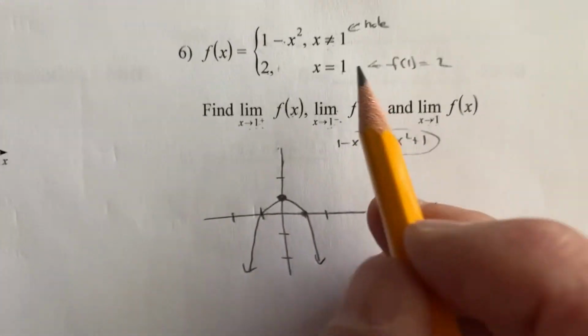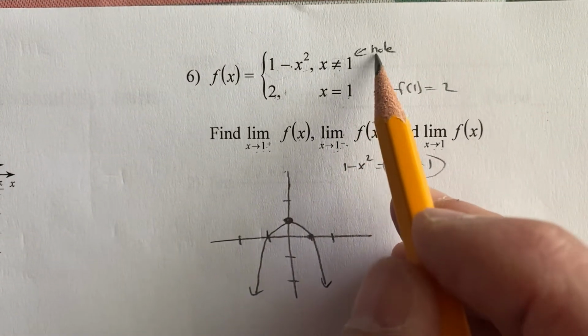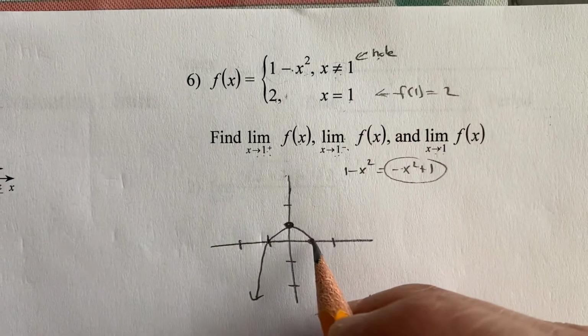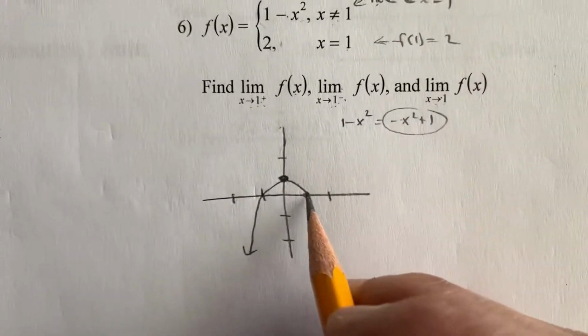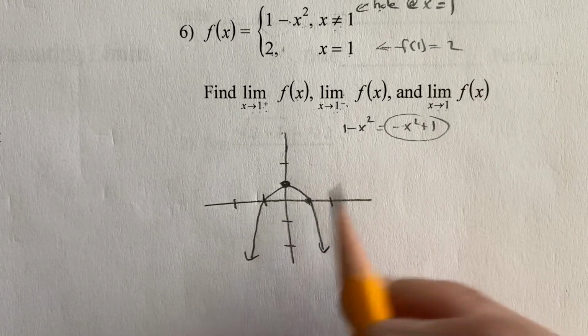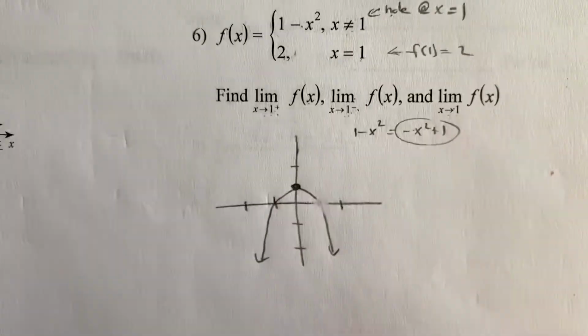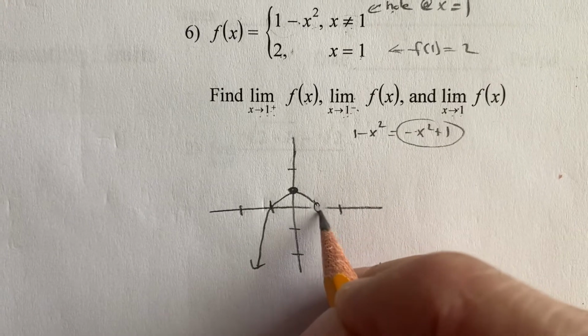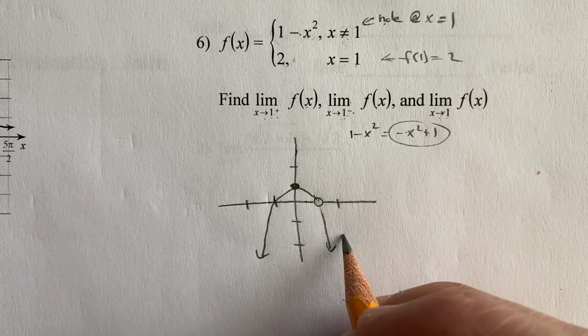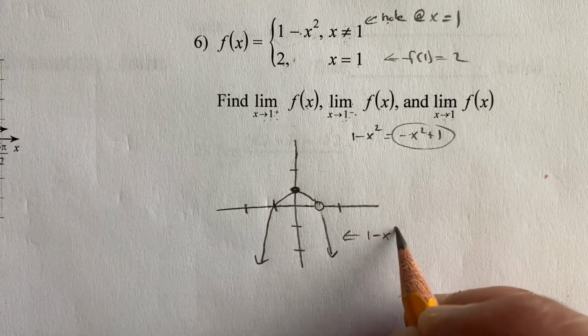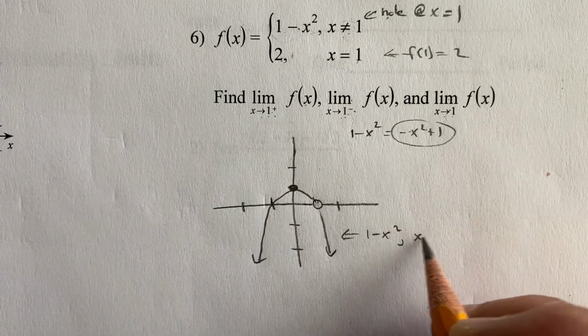All right, now, remember, for our piecewise function, there's a hole here. So there's actually a hole at x equals 1, right? So if it does not exist, why don't you erase this and make it into a hole, right? So what I've graphed so far is 1 minus x squared for x does not equal 1.